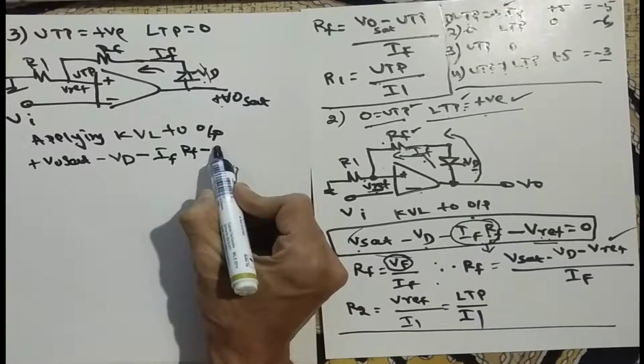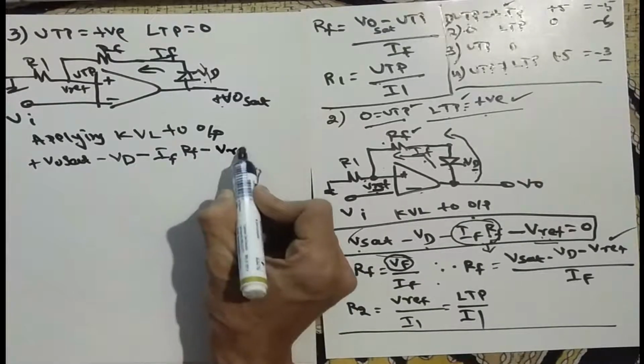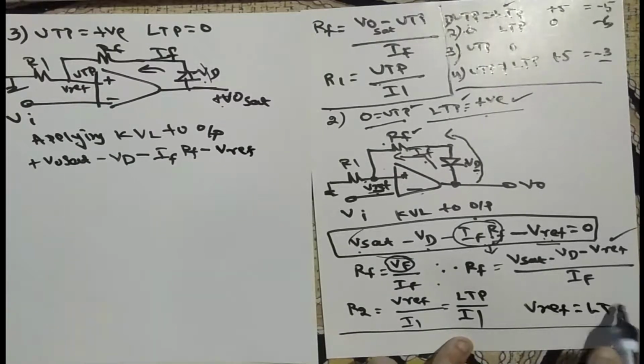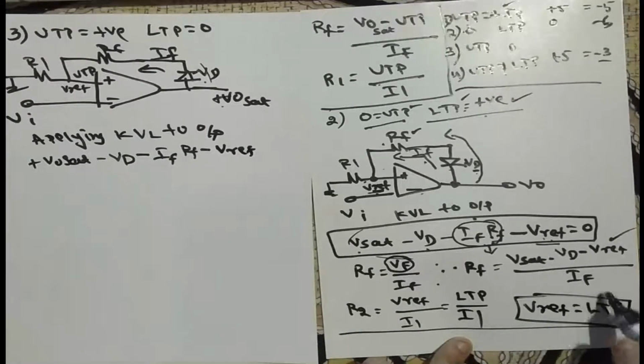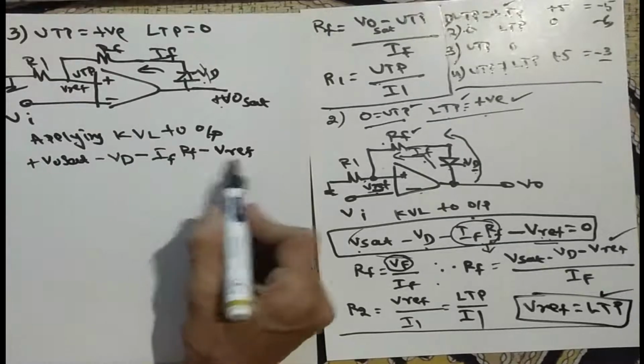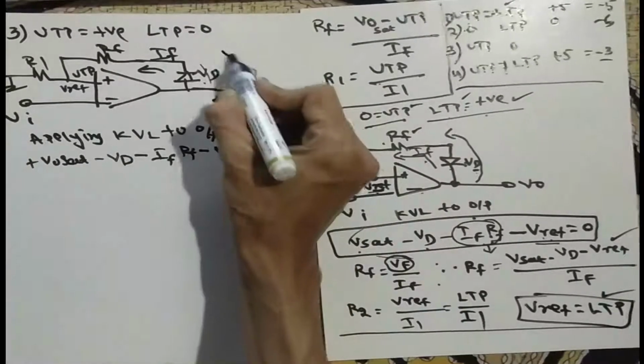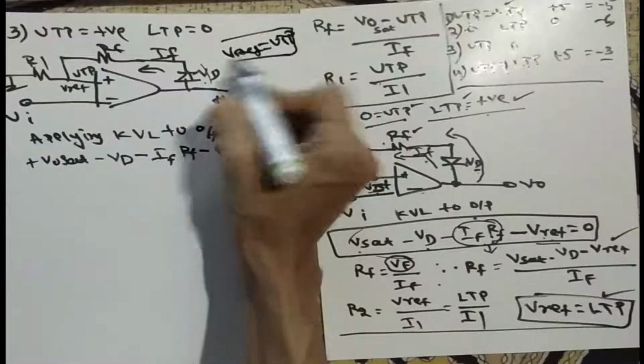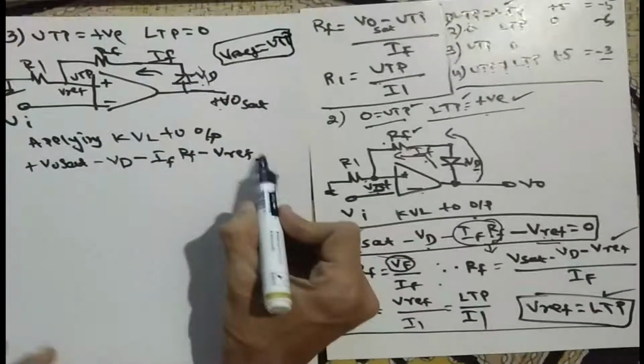This one is nothing but UTP. You can call it whatever you like here. One thing always remember, in this case V reference is nothing but LTP. You can take the LTP value or V reference, both are the same. Similarly here, minus V reference. In this case V reference is equal to UTP because we have only one V reference here because of this diode, equal to 0.